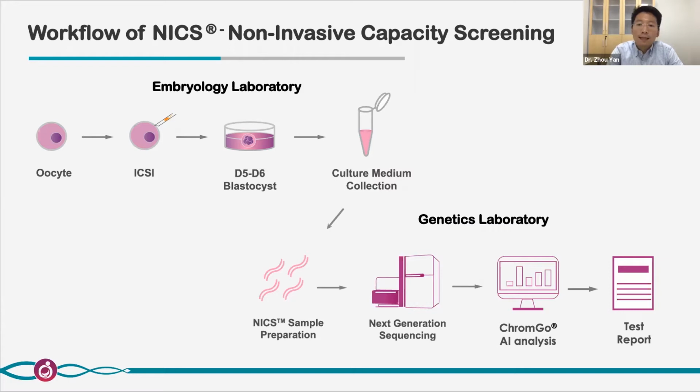The sequencing data from the NGS platform is directly transferred to our analysis platform, called ChromGo. ChromGo is equipped with AI-based automated analysis for embryo ploidy and chromosome copy number variations. Test reports are then produced automatically after the analysis, for clinicians and geneticists to review.